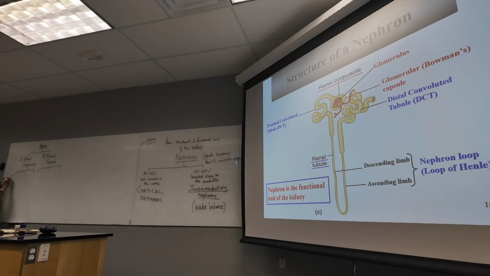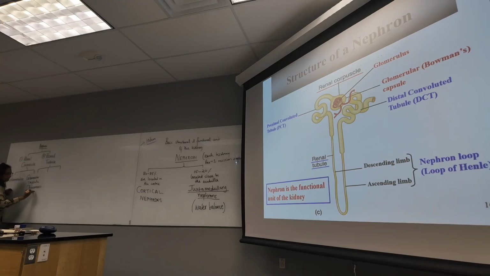It is made up of a structure called glomerulus, and glomerular capsule, or the older term which many physicians will still use, if they're teaching this, Bowman's capsule.